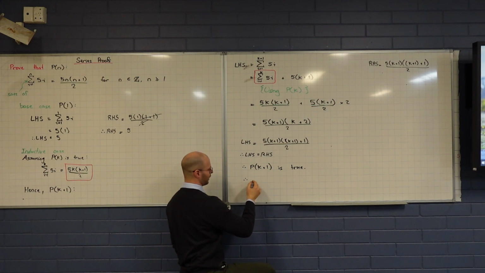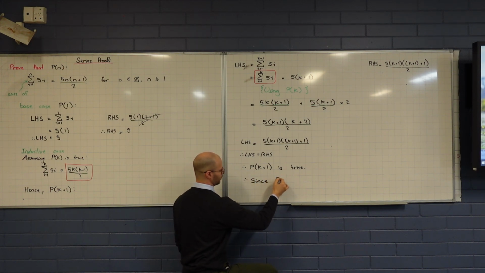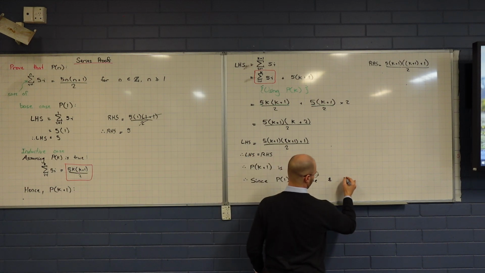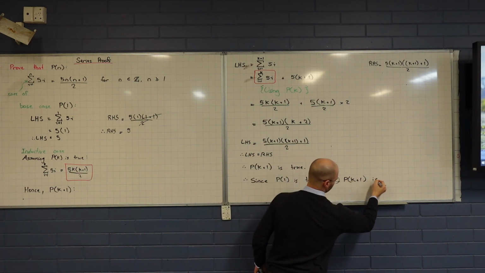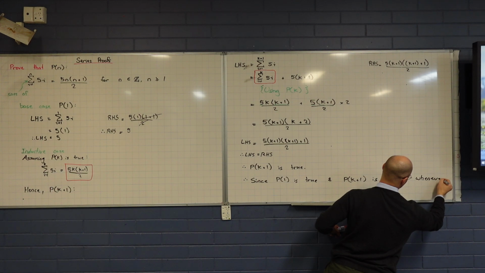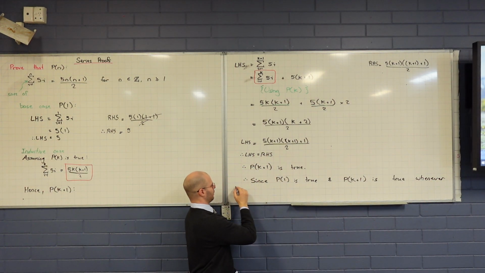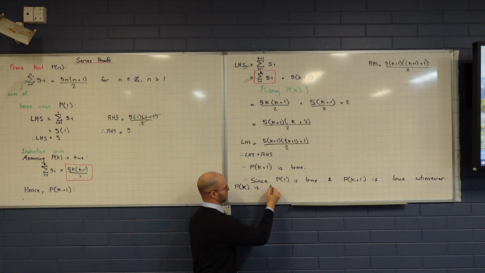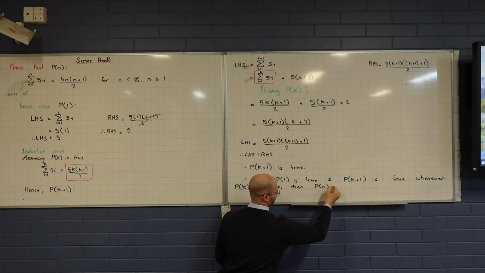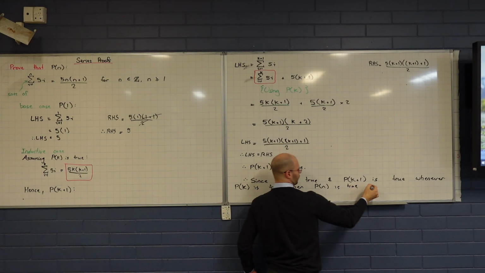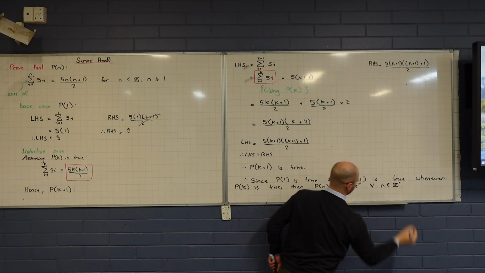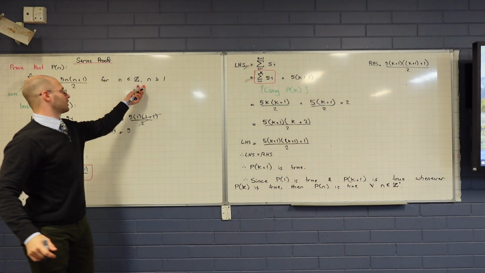And then as you excellently stated, Mad Dog, since P1 is true, and P of k plus 1 is true whenever P of k is true, then P of n is true for all positive integer values of n, or you could just write it like it was in the question there.